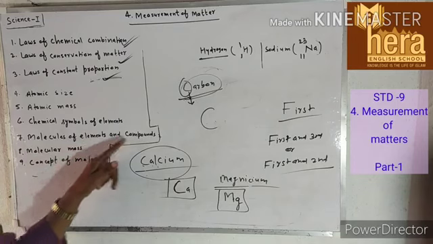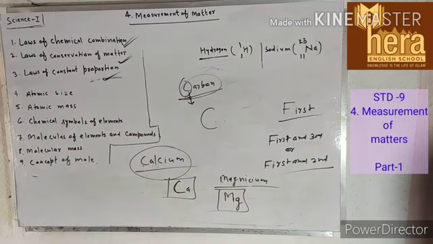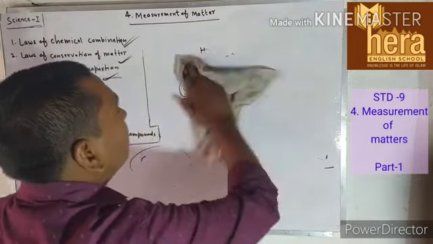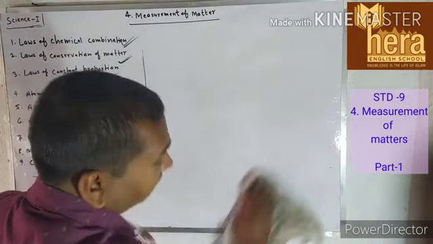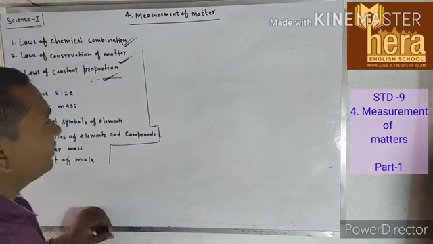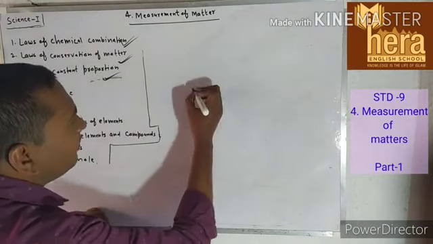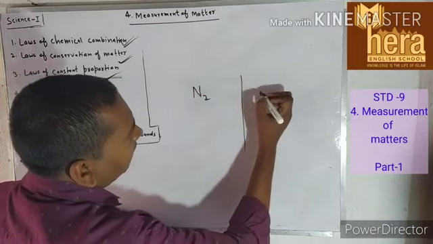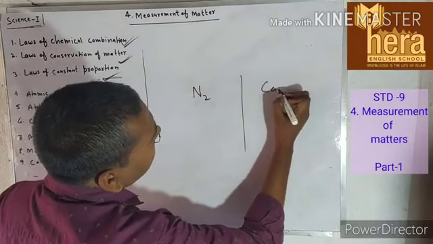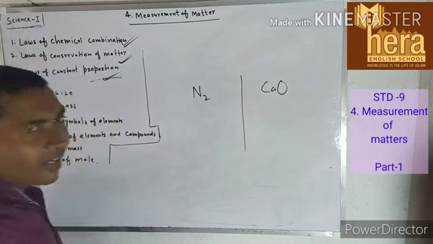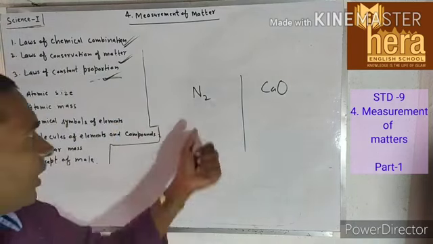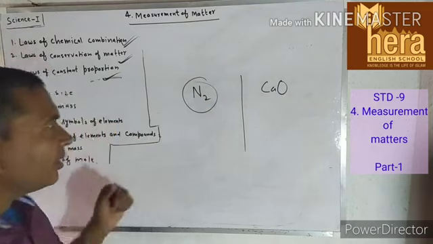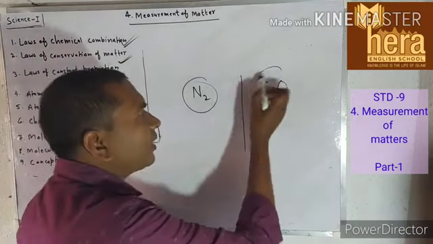Molecules of elements and compounds. Next topic is molecules of elements and compounds. Okay, tell me one thing. If I write here N2, and if I write here CaO, what is the difference between these two? In N2 there are two atoms, and here also two atoms.